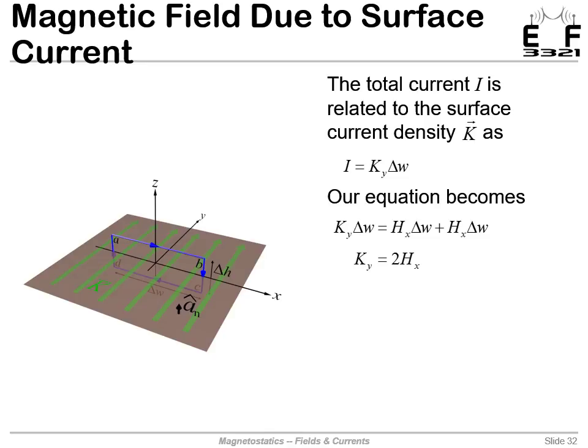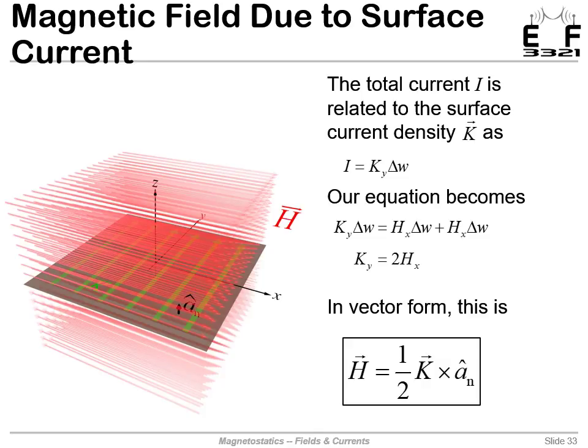And we could write this as hx is 1/2 of Ky, but it's much more useful to write this in a vector form. So taking this conclusion and writing it in vector form, we end up with this. And we see that the magnetic field above this current is oriented in the x direction, and then below in the negative x direction.